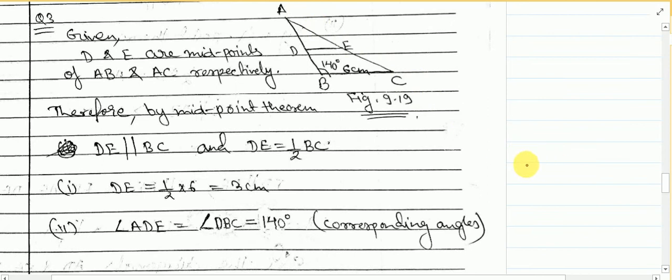So this is the solution. Question 3, this is the figure. D and E are the midpoints of AB and AC respectively. These things are given to you, and since D and E are the midpoints of AB and AC, by the midpoint theorem we'll have DE parallel to BC, and DE is half of BC.